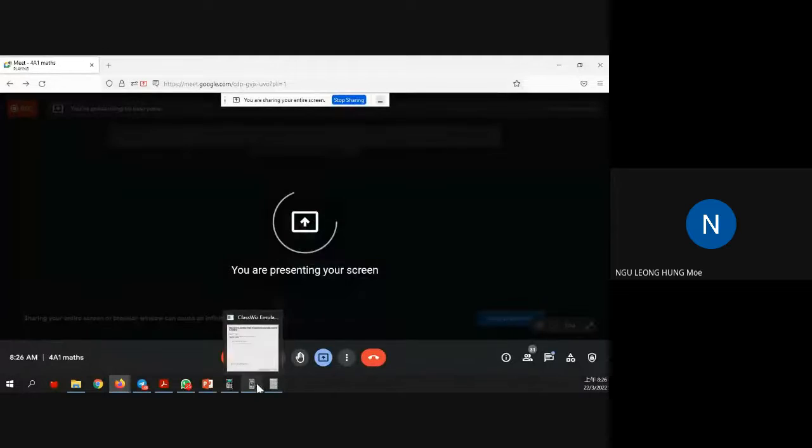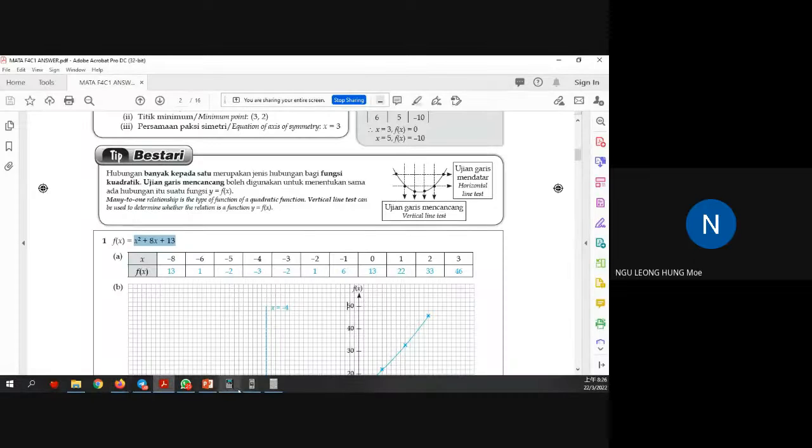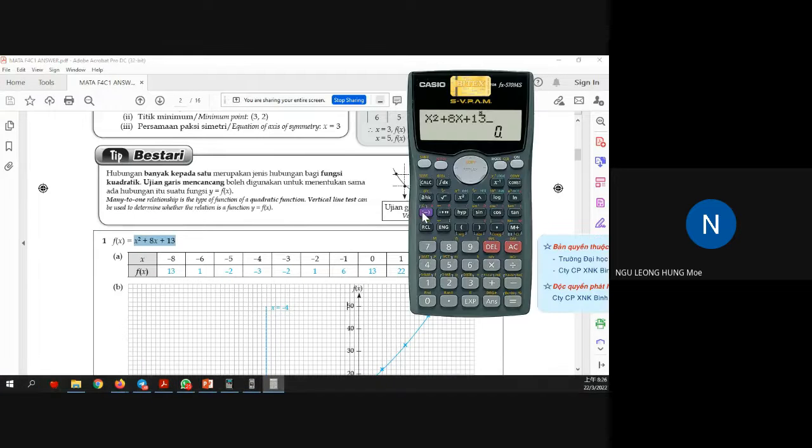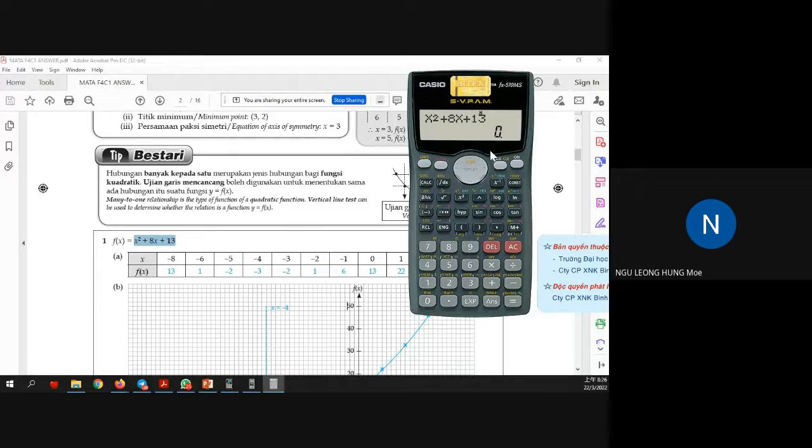So yeah. Okay. Now can. So you are able to key in this equation or not? For those who are using the black calculator. If okay, reply me H.